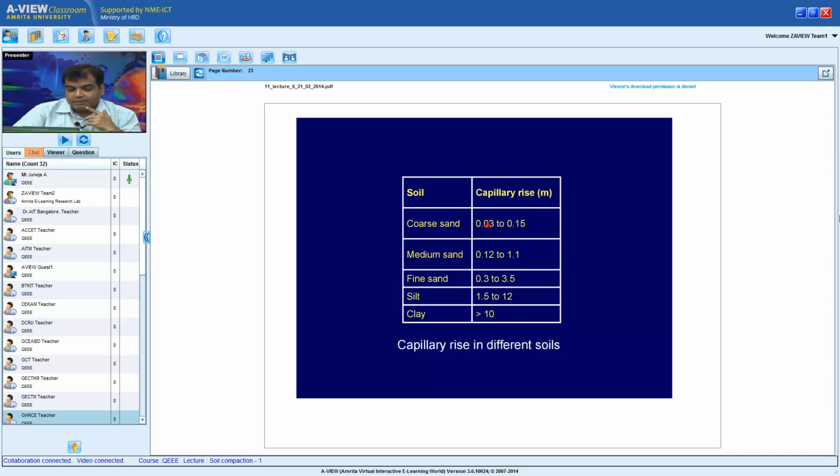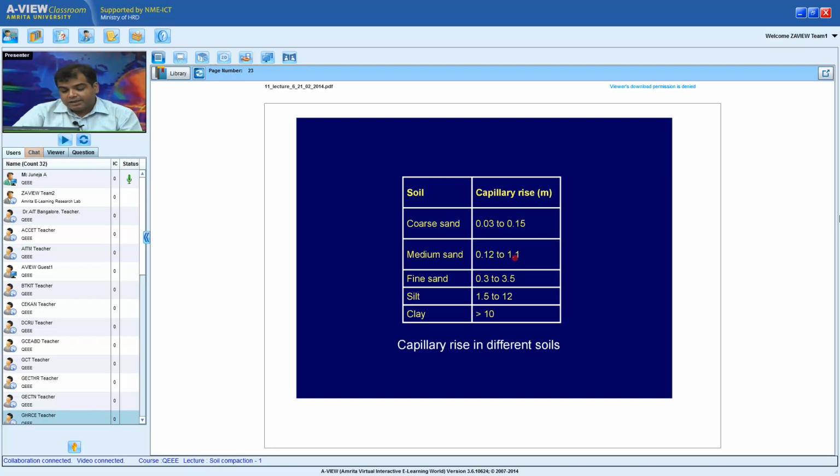Now again, without memorizing the numbers, remember these are just data coming in from some field, and the numbers are not really important for us, but what is important is to look at the range. For coarse sand it's hardly a few centimeters, 0.03 to 0.15 meters, hardly a few meters.